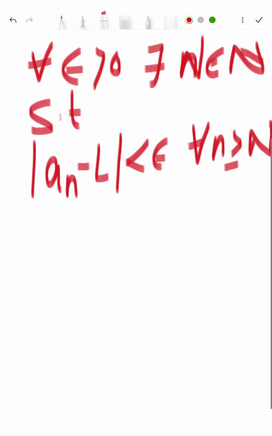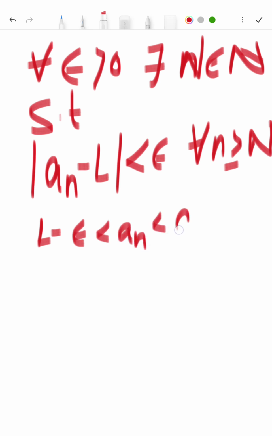That means, in another way, we say L minus epsilon is less than a_n, which is less than L plus epsilon. That means after N, all these a_n's should be in this neighborhood, L minus epsilon to L plus epsilon, right?